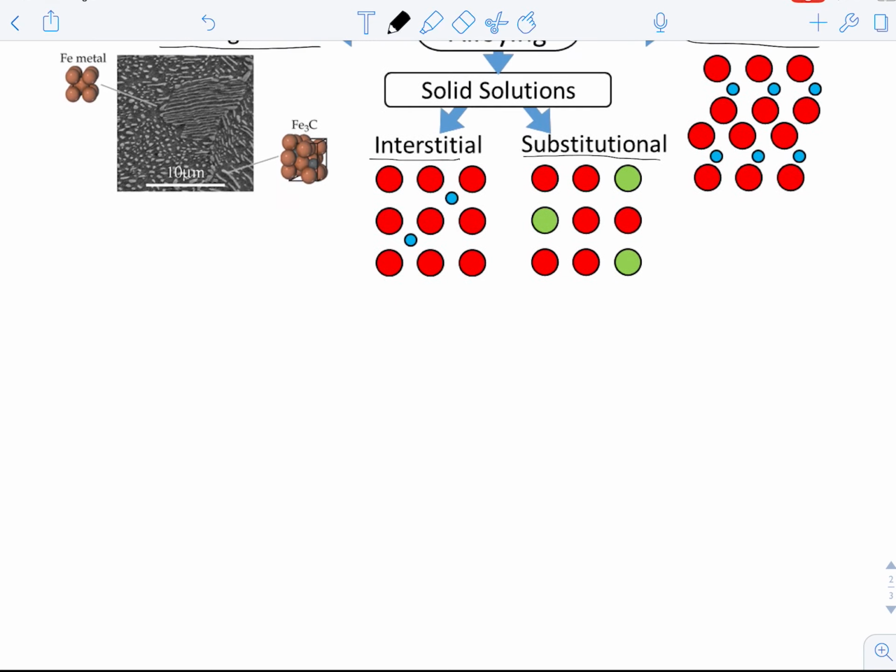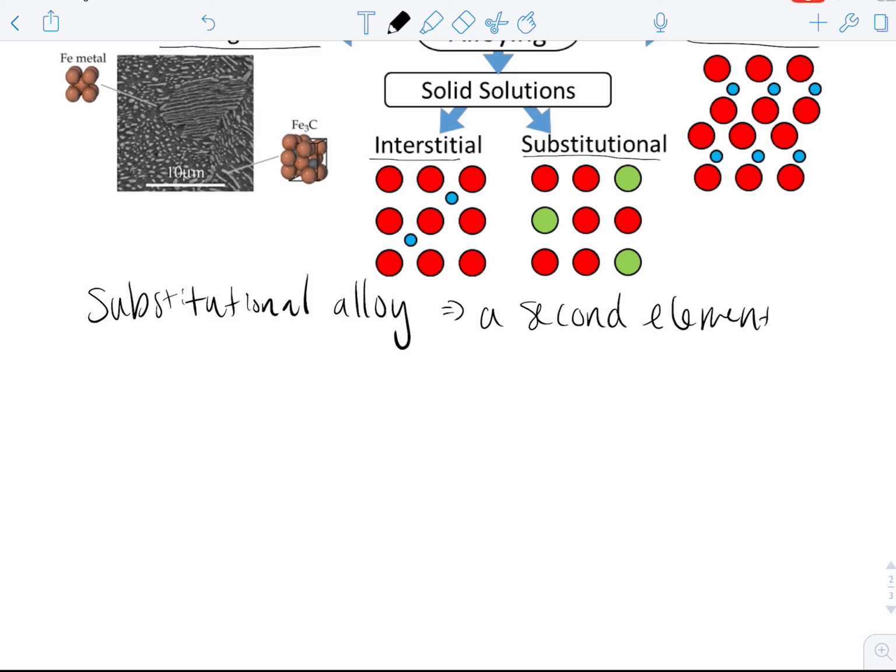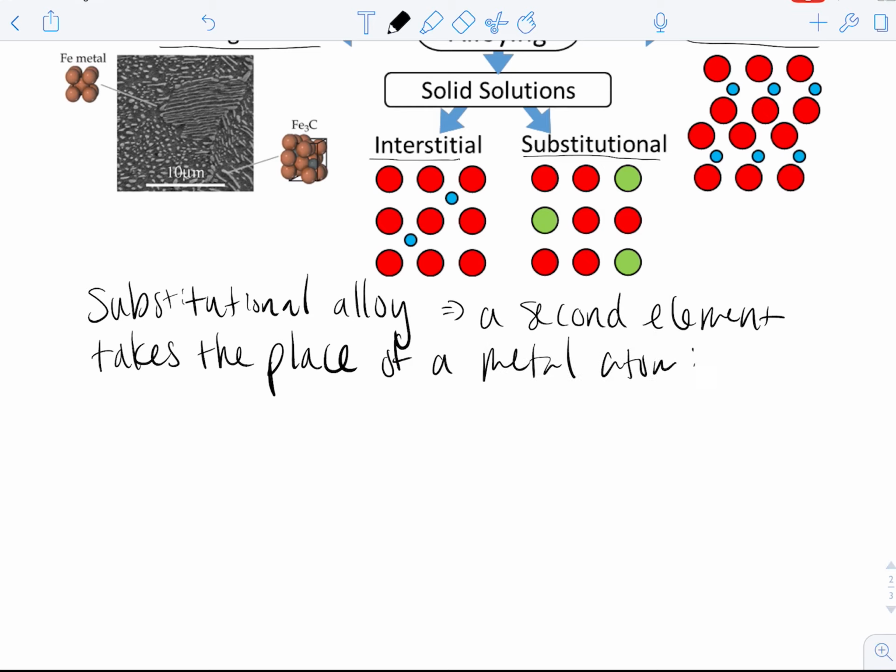So let's look a little bit more at our types. We have our substitutional alloy. One element, or a second element, takes the place of a metal atom within the pure metal lattice. So we're talking about the original lattice.